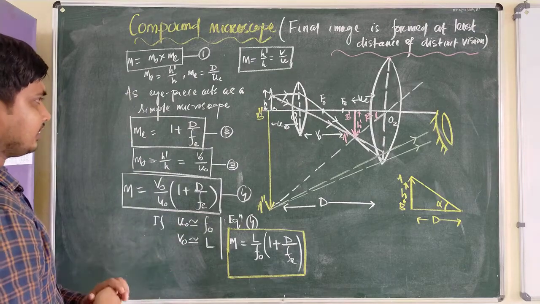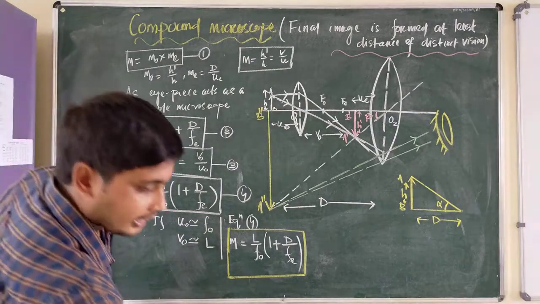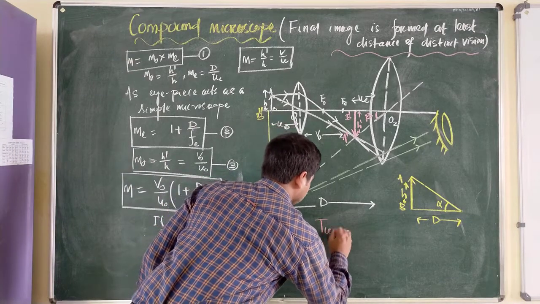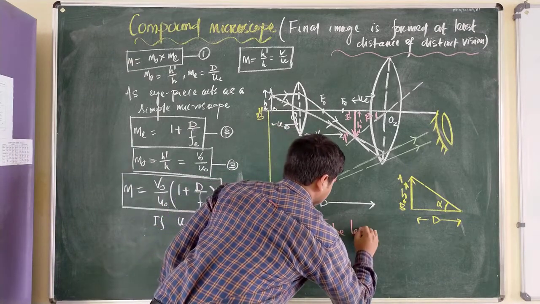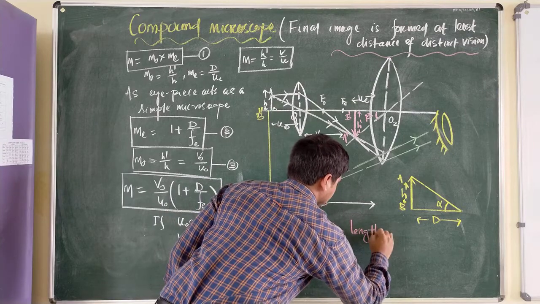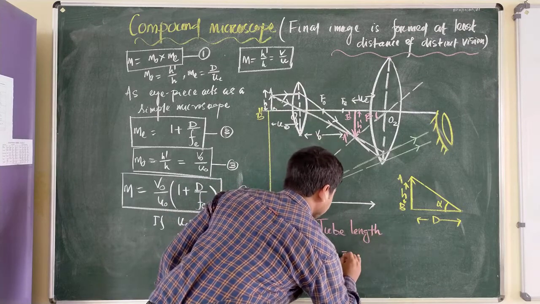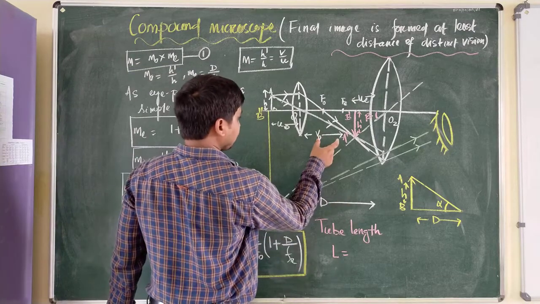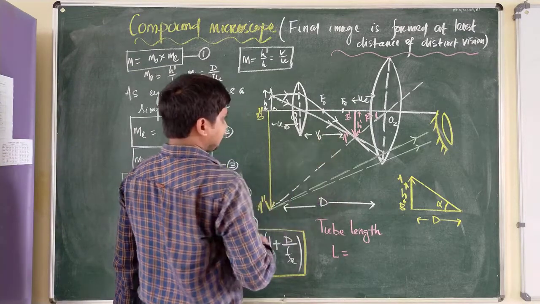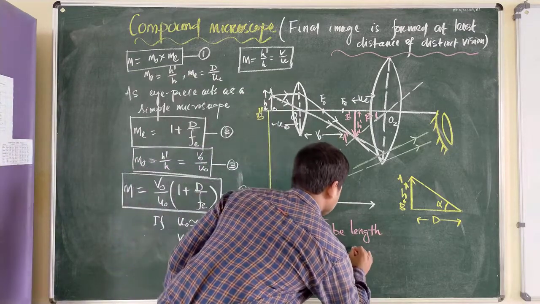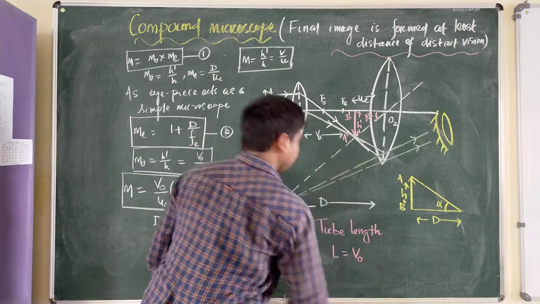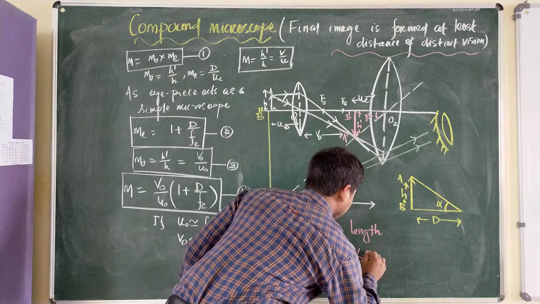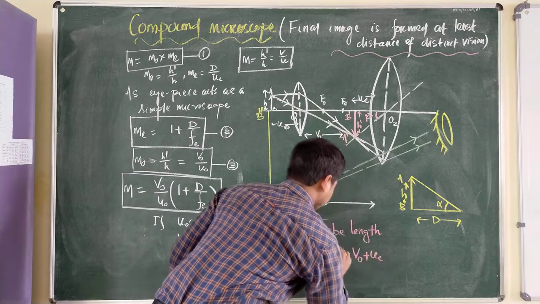And in this case, the expression for the tube length L is given by the image distance VO plus the object distance of the eyepiece UE.